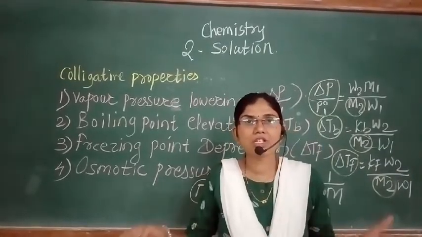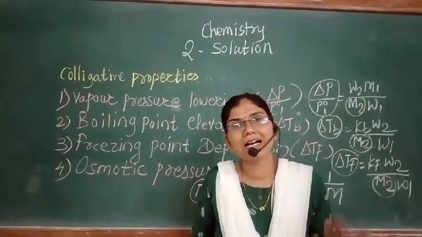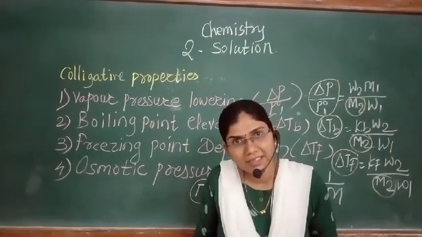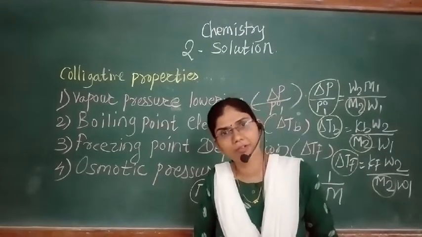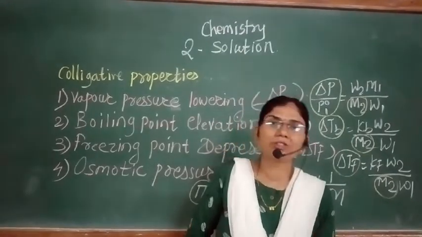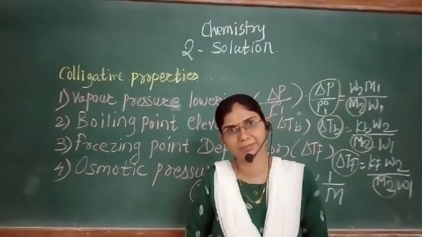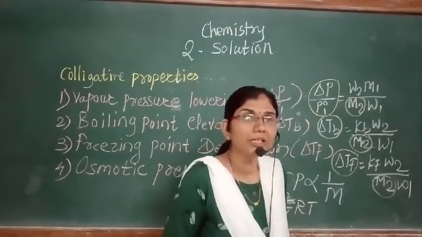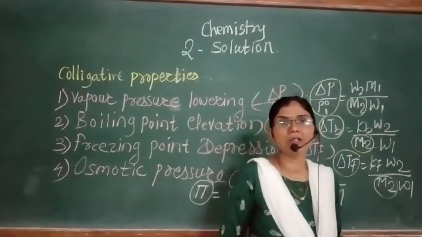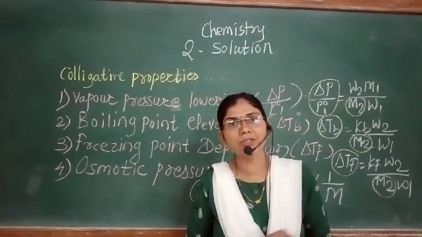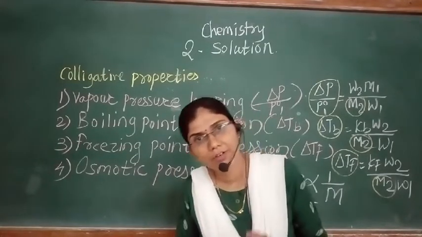For dissociation, the number of particles increases. For association, the number of particles decreases, and therefore the colligative properties of such electrolytic solutions also change.